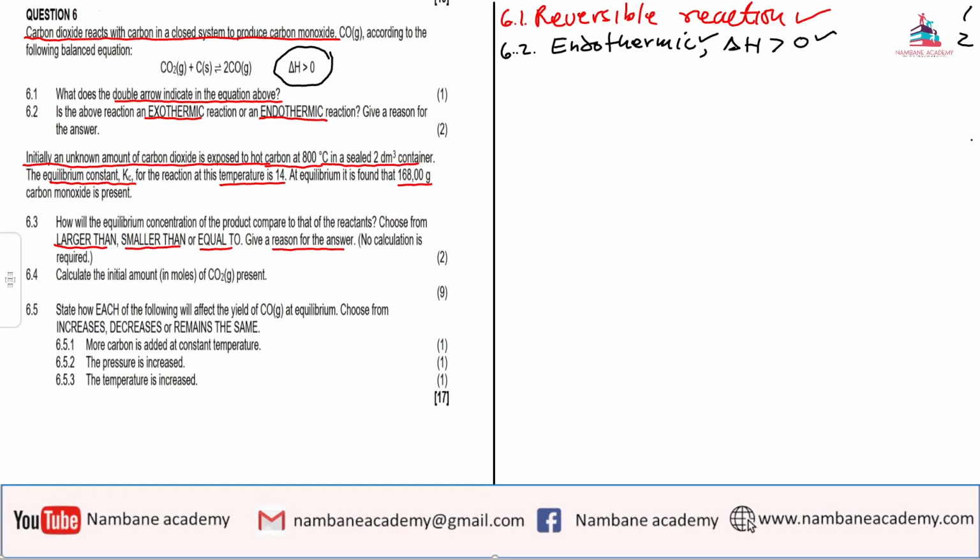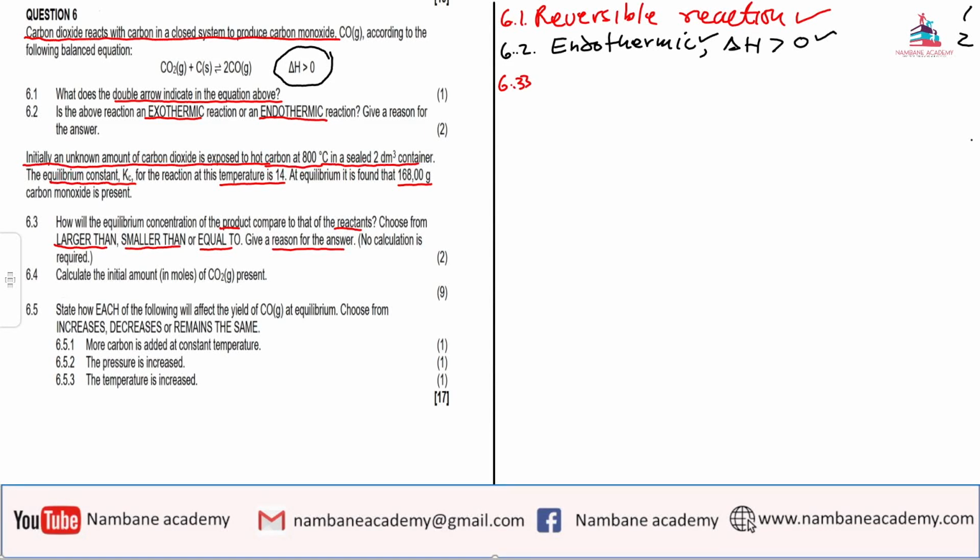Now, let's read this particular question again. How will the products compare to the reactants? So the question basically wants us to know, at 6.3, how will the concentration of the products be compared to that of the reactants?